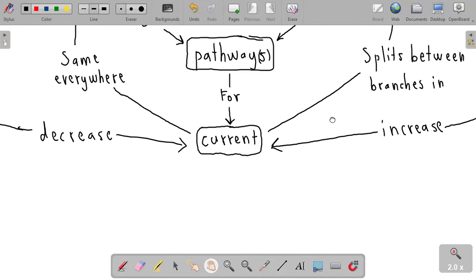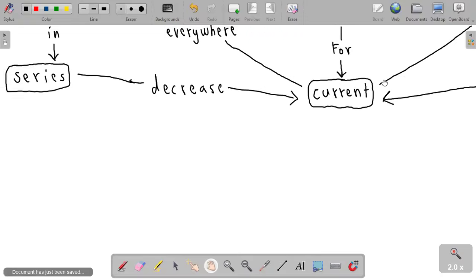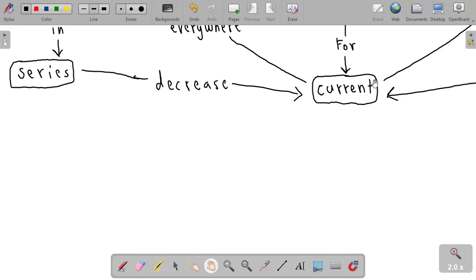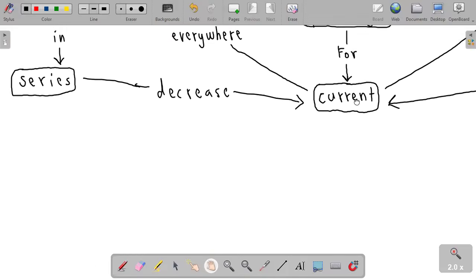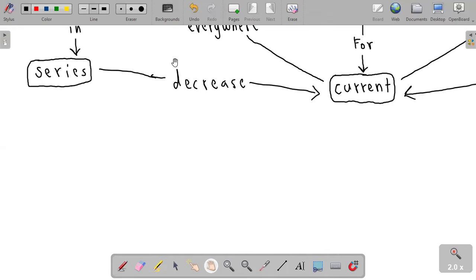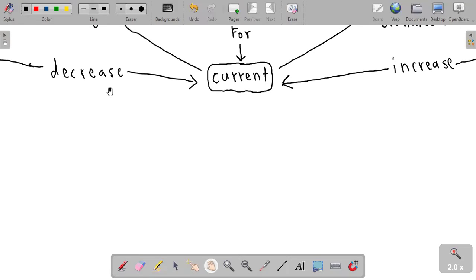You see the difference. And when you increase or decrease current by adding resistors, it depends on whether the circuit is parallel or series.